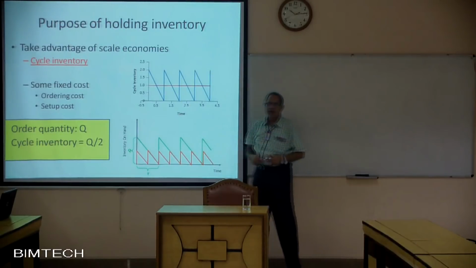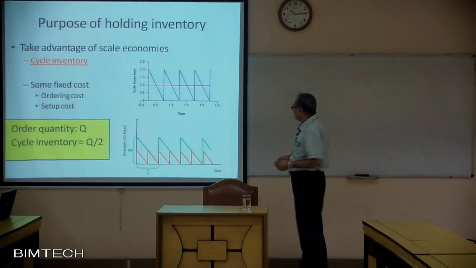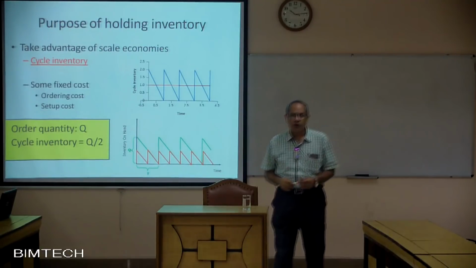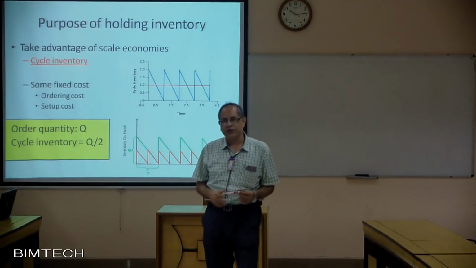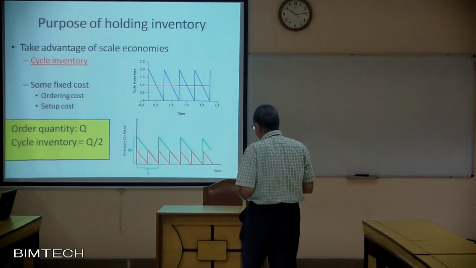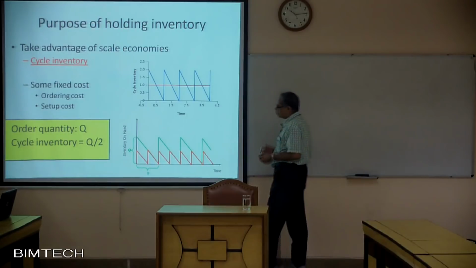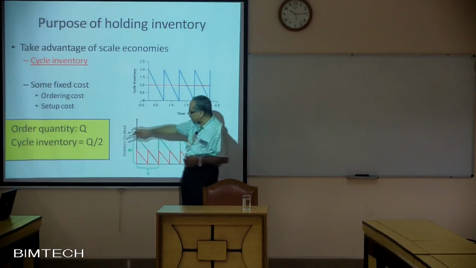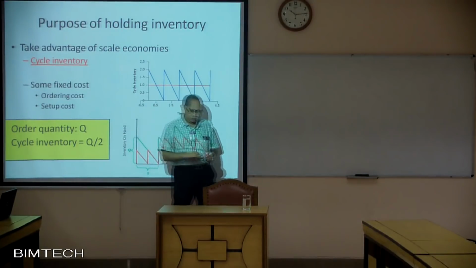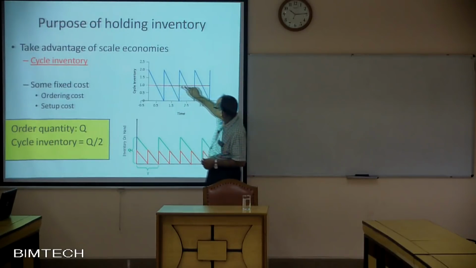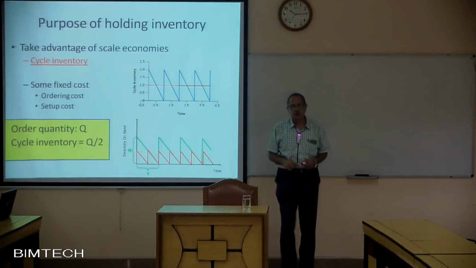And I talked about infinite planning horizon because this kind of continues forever as long as you are procuring this item. Okay, so that's the concept of the cycle inventory. And more specifically, if your order quantity is Q, then the average inventory that you carry at any given point in time is Q/2.